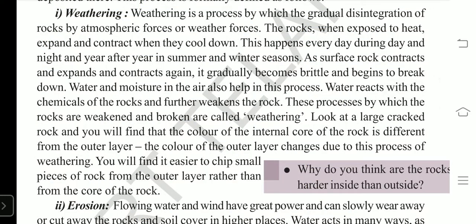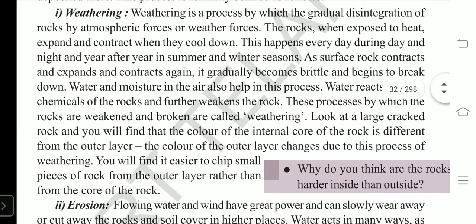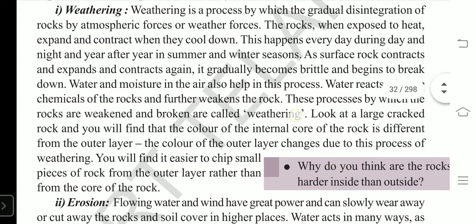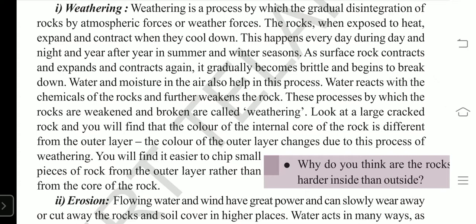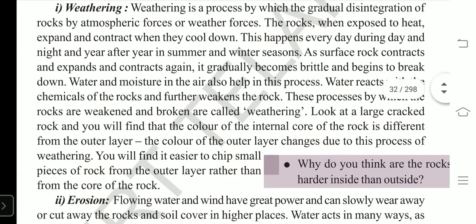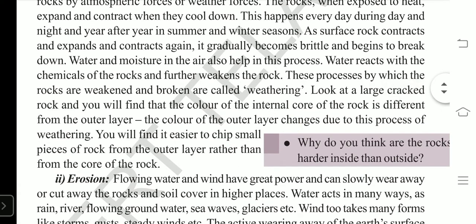Understand, right? So the rock color is different from the internal core to the outer layer, right? The outer layer is different in color by the process of weathering. So you will find that it is easier to chip small pieces of rock from the outer layer rather than from the core of the rock. So what do you see on the top layer of the rock?